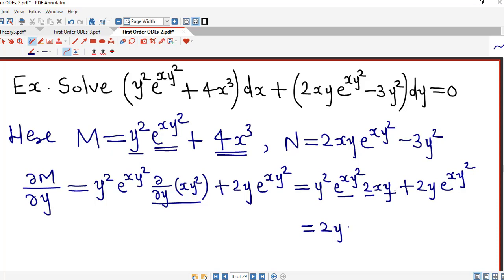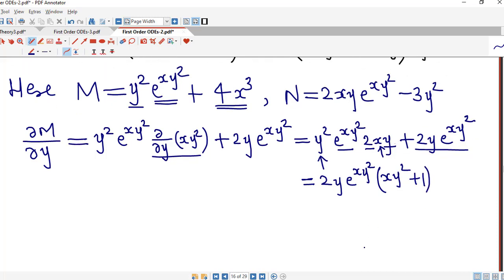So 2y e raised to xy square, and here we are left with x and y square, and 2y e raised to xy square is common, so we have xy square plus 1. So this is the partial derivative of M with respect to y.